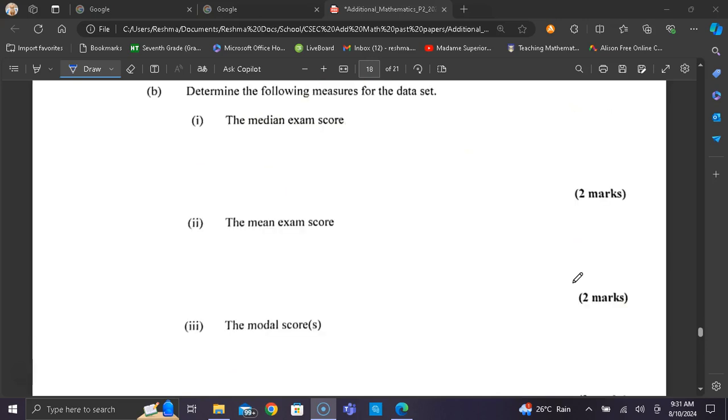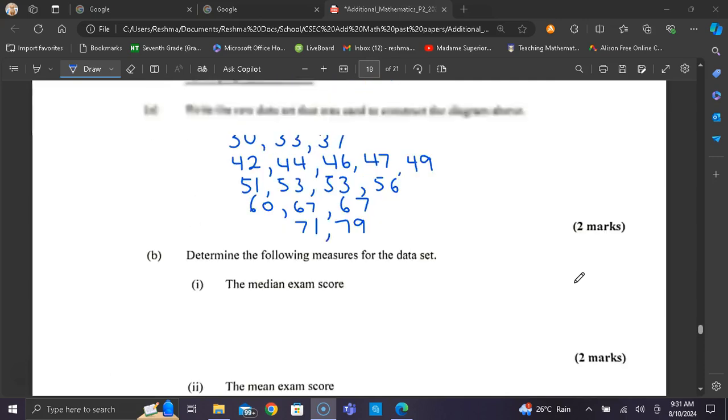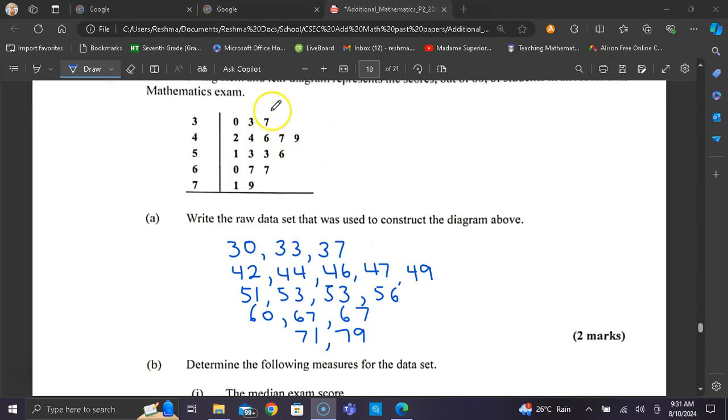Part B: determine the following measures for the data set, for 2 marks each: the median, mean, and the mode. For the median, for a stem and leaf diagram, what I teach my students is next to each leaf, we just write down the frequency for each stem. For the first stem, we have 3 values. So this is the frequency.